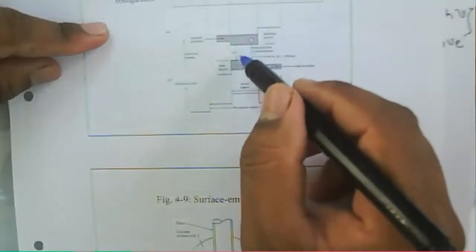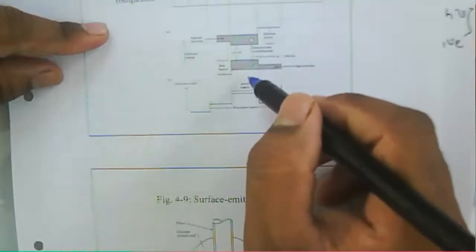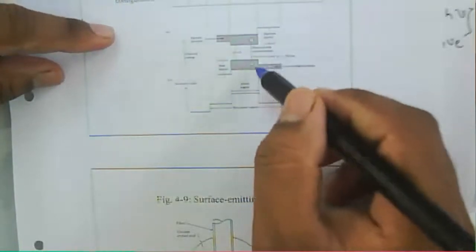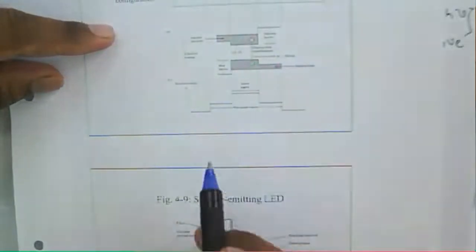Now the gap energy is 1.51 electron volt here. So this one is about the active region, which generates the recombination.